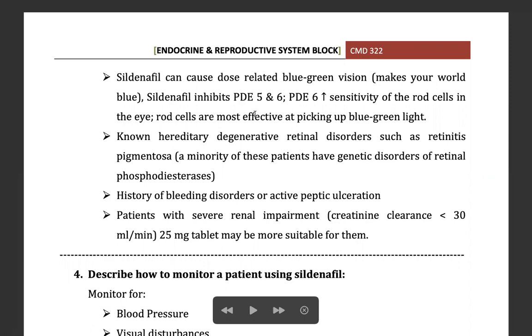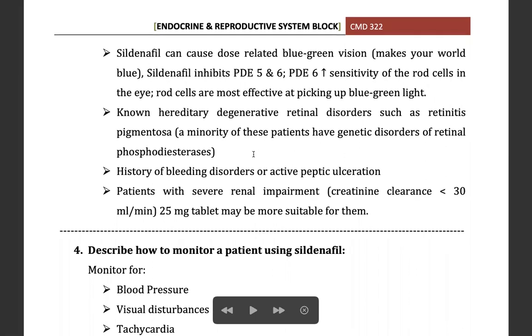Rod cells are most effective at picking up blue and green light. So these cells are not able to pick up the blue and green light because of the decrease in phosphodiesterase 6. Plus, if the person has a known hereditary degenerative retinal disorder such as retinitis pigmentosa, what is this?